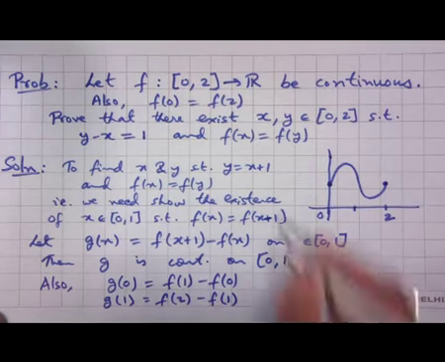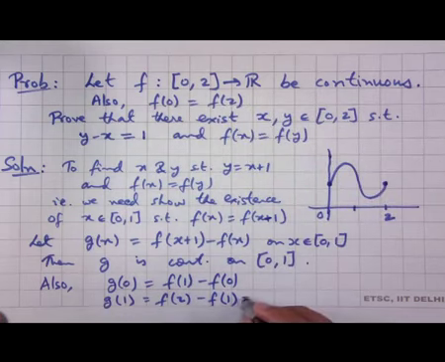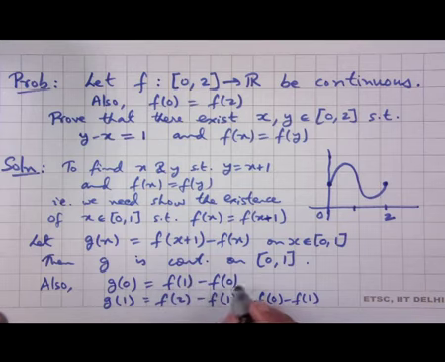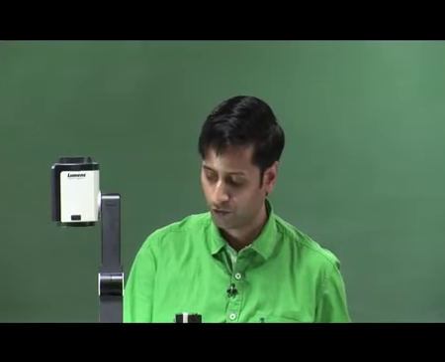What is given is that f of 0 is equal to f of 2. So, g of 0 is f of 1 minus f of 0, g of 1 is f of 0 minus f of 1. So, g of 1 is nothing but minus of g of 0.